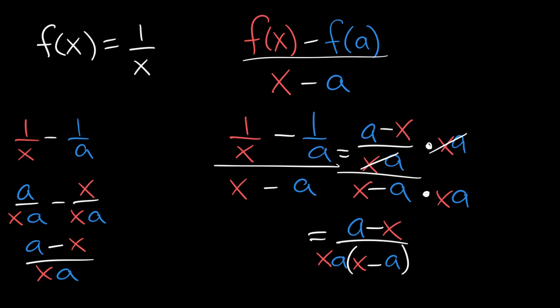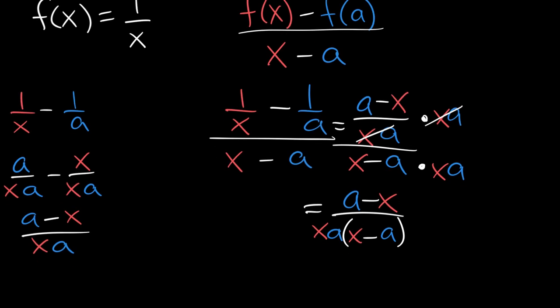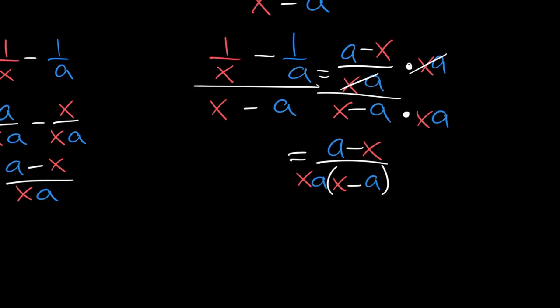Now, what I can further do is a little trick here, and I can factor out a -1. So this is equal to -1 times... now to keep the numerator the same, really what I'm doing is just changing, see I have a minus x and x minus a, I'm trying to cancel those out.